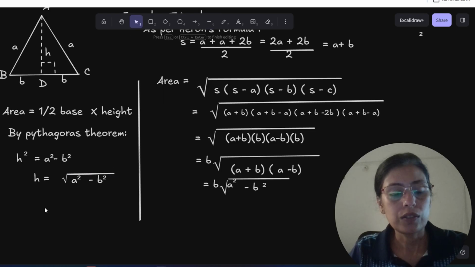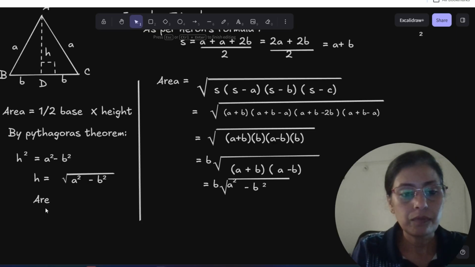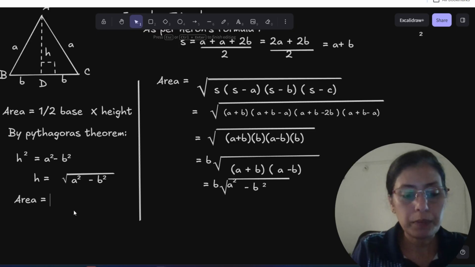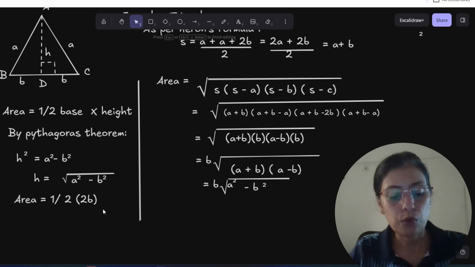Right? So area will be half of base, which is 2b, and height is under root of a square minus b square.